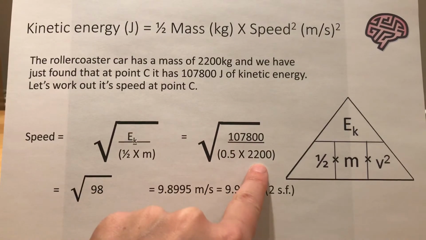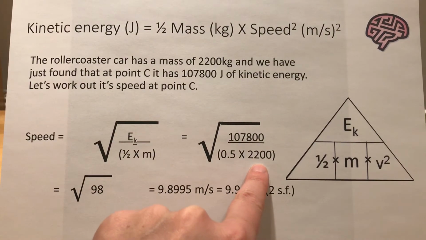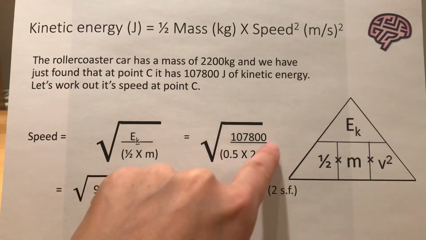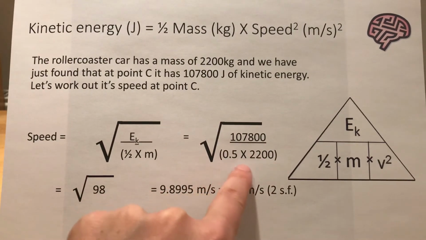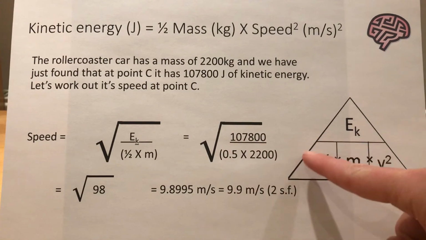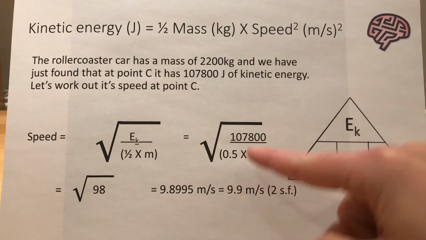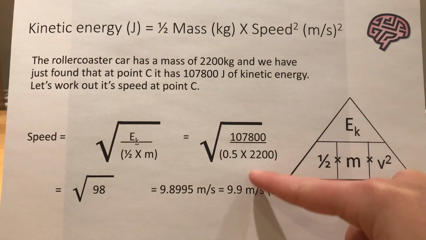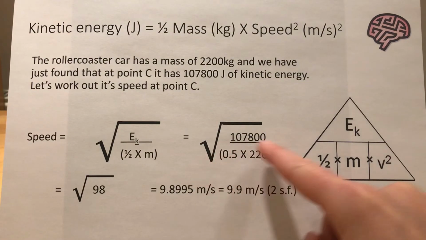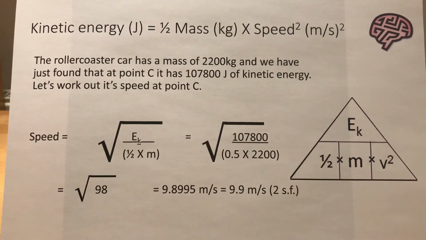I know the mass of the car is 2,200, and there's my half. And it's important that you put this bit in brackets because it makes the calculation work better on the calculator. If you just typed it in as 107,800 divided by 1.5 times 2,200, you're not going to get the same calculation as if you put that in brackets first.